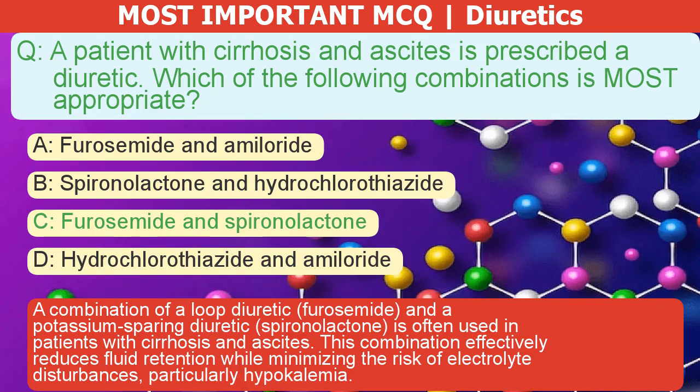The correct answer is C. A combination of a loop diuretic, furosemide, and a potassium-sparing diuretic, spironolactone, is often used in patients with cirrhosis and ascites. This combination effectively reduces fluid retention while minimizing the risk of electrolyte disturbances, particularly hyperkalemia.